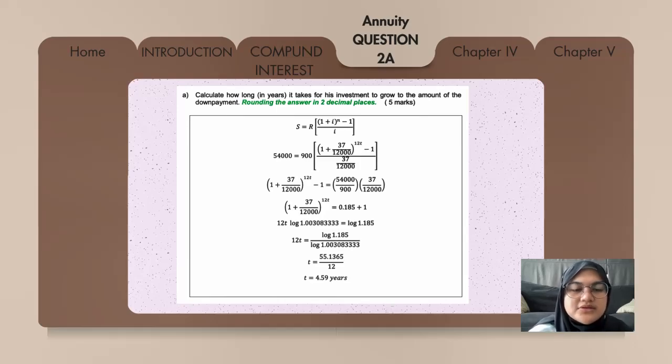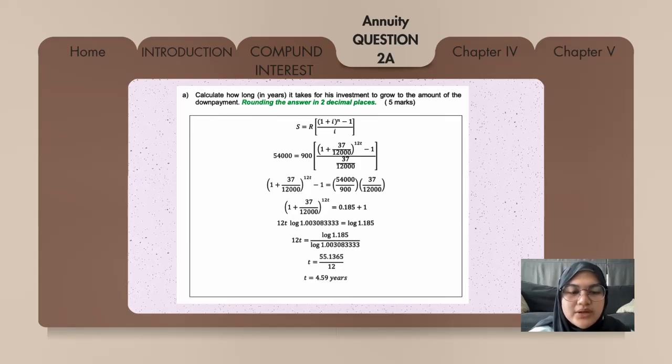So 54,000, which is the down payment, equals 900 times 1 plus 37 over 12,000 to the power of 12t, minus 1, over 37 over 12,000. Then 1 plus 37 over 12,000 to the power of 12t minus 1 equals 54,000 over 900 times 37 over 12,000.